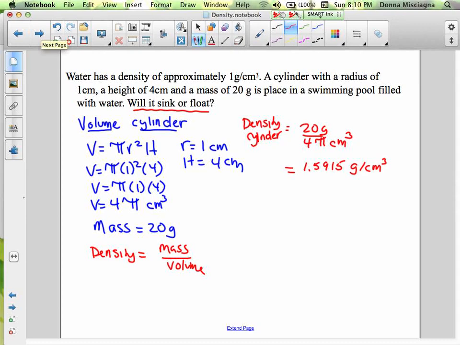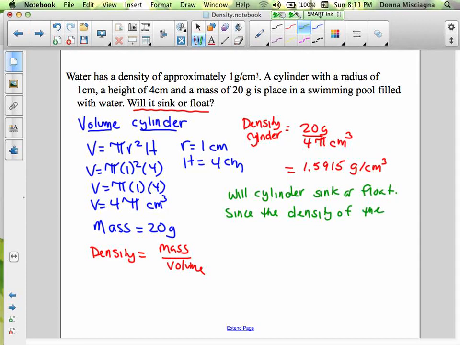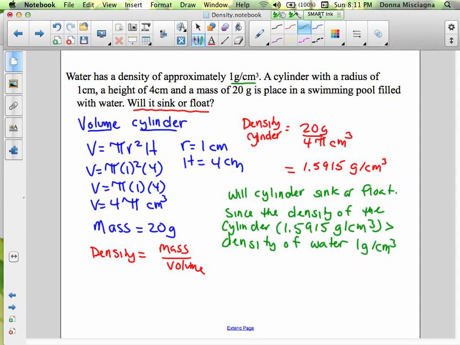All right, so now will it sink or will it float? Since the density of the cylinder, and as a reminder, that was 1.5915 grams per centimeter cubed, is greater than the density of water, which is given to us right there, 1 gram per centimeter cubed, the cylinder will sink.